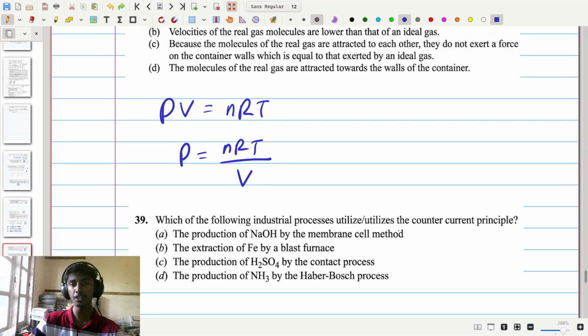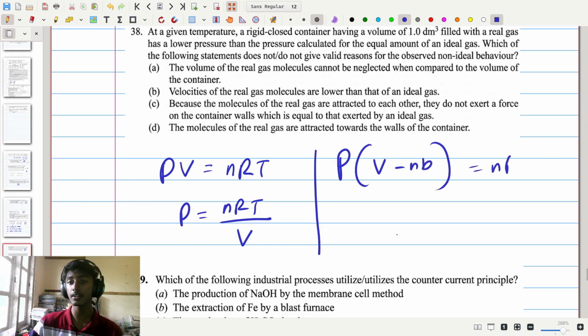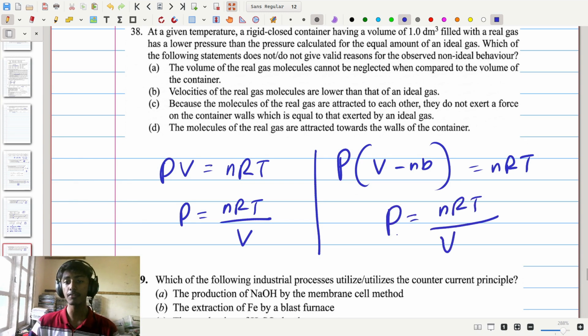Now similar to this equation, we can get an equation for a real gas where the particles' volumes are non-negligible, and it will give us P times (V minus nb) equals nRT, where n is the number of moles and b is a coefficient relating the number of moles to the volume of the particles in the gas. If we rearrange this, we get P equals nRT divided by (V minus nb), and here n and b are both positive numbers.